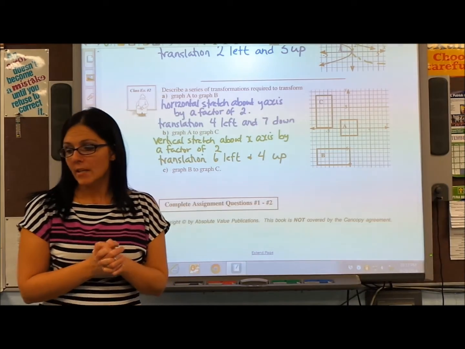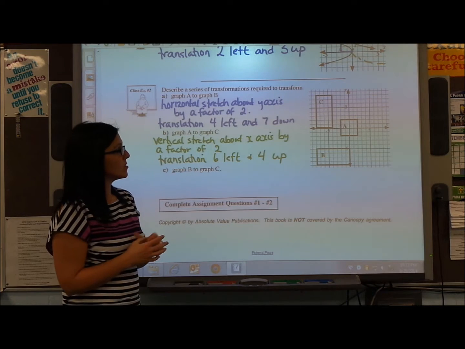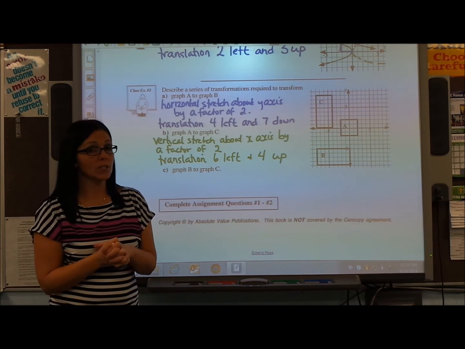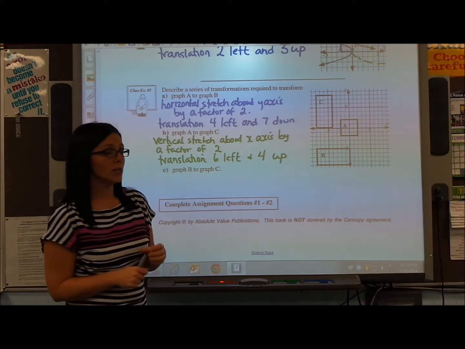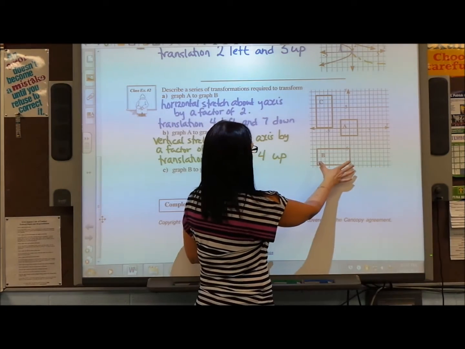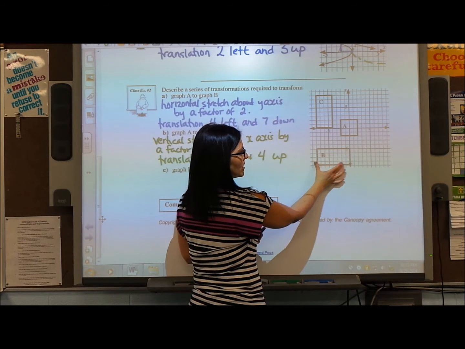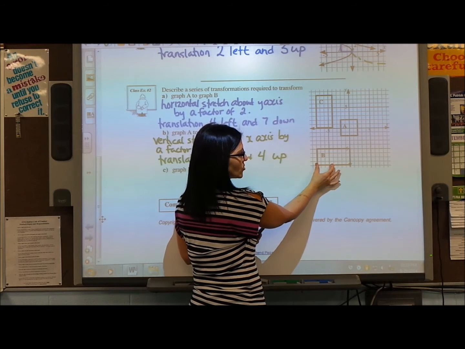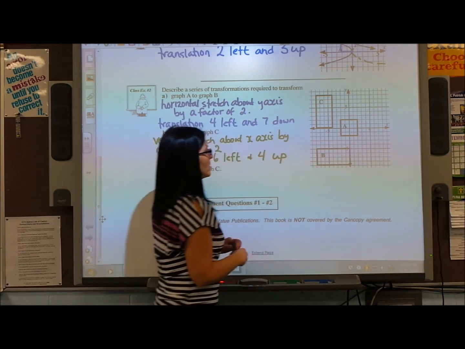So B to C, there's a couple of things going on. So I can look at this a couple of different ways. If I wanted to, I could look at this as being, I took this graph and I shrunk it. So I did a horizontal stretch by a factor this time of 1/2, from 8 to 4.